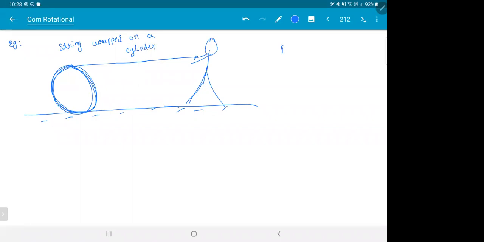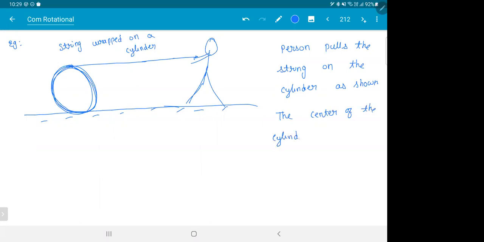So a person pulls the string on the cylinder as shown. The center of the cylinder moves by length L. There's no slipping.